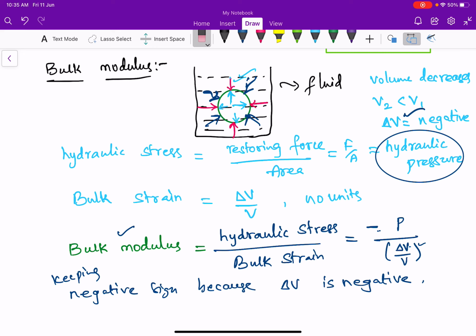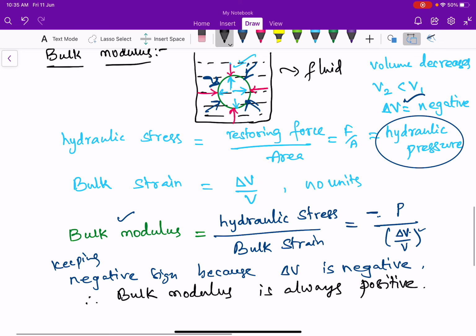Therefore bulk modulus is always positive, never negative. What are the units of bulk modulus? Again, Newton per meter square or simply pascals are the units of bulk modulus.